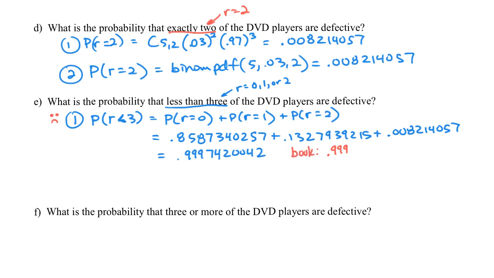The book's not going to say the probability is 1. So what the book will do is truncate this answer to just 0.999. So one thing to keep in mind when you look in the back of the book, they're using the table, so their answers are going to vary a little bit. We don't want to round this to 1, because then it makes it look like it has to happen. A probability of 1 means that event will happen, so we don't want to do that. So I usually just use extra digits like this.